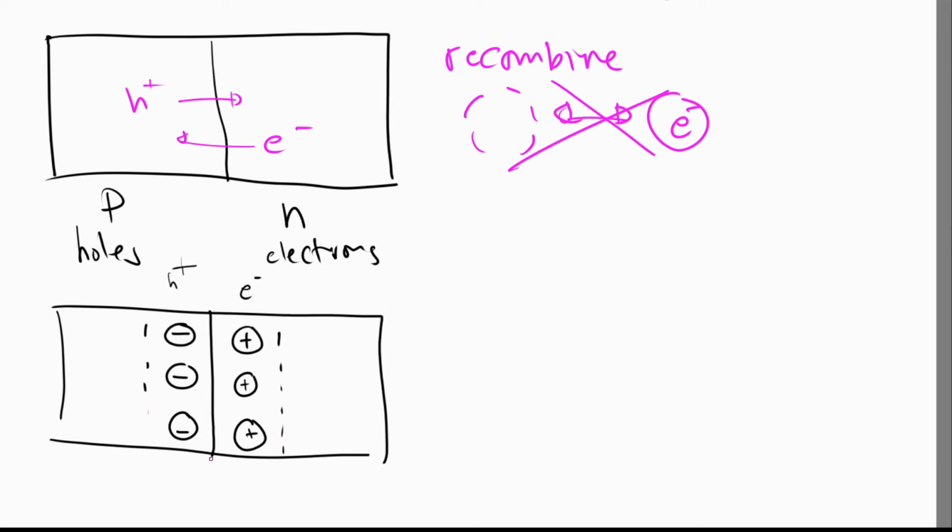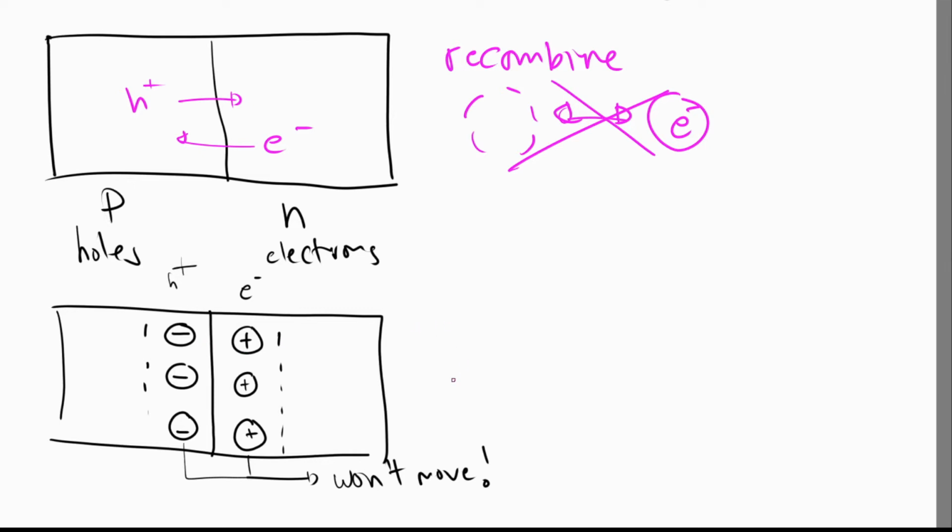So do take note though that these charges here, they won't move. Why will they not move? They will not move because yung negative charges mo and positive charges mo, these are actually caused by your dopant atoms.